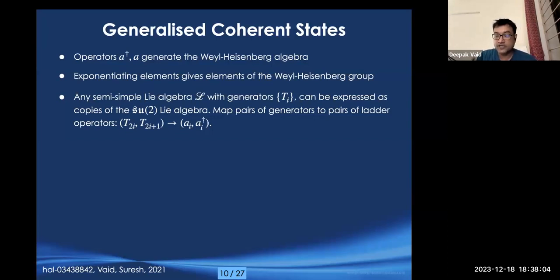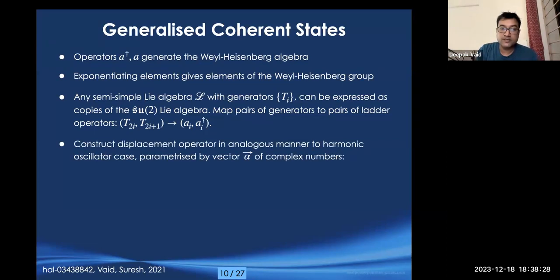This is the important thing, because it says that you can take any semi-simple Lie algebra, which describes the vast majority of symmetries we consider in physics, and treat those systems in terms of copies of SU2. And you can map SU2 to the harmonic oscillator. So you can construct displacement operators in an analogous manner. But now the difference is that if you have n sets of harmonic oscillators, you need a complex number for each set.